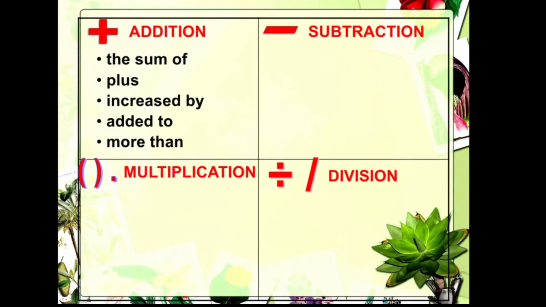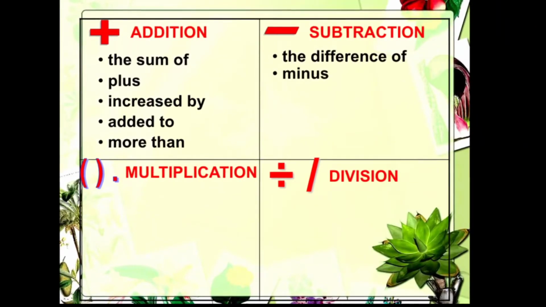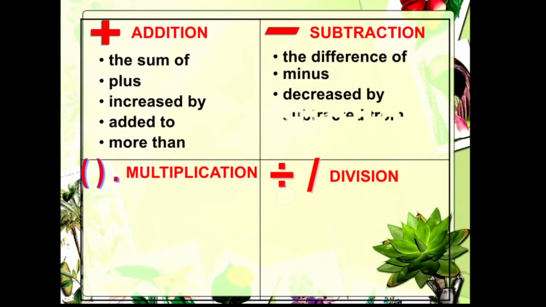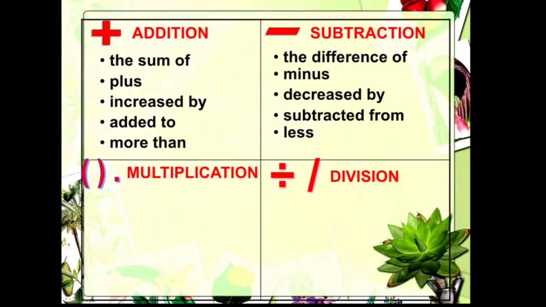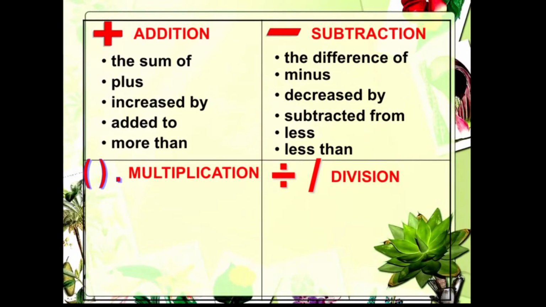Those words are for addition. Next, for subtraction, we have the difference of, minus, decreased by, subtracted from, less, and less than. Additional for that is diminished by. That is also subtraction.